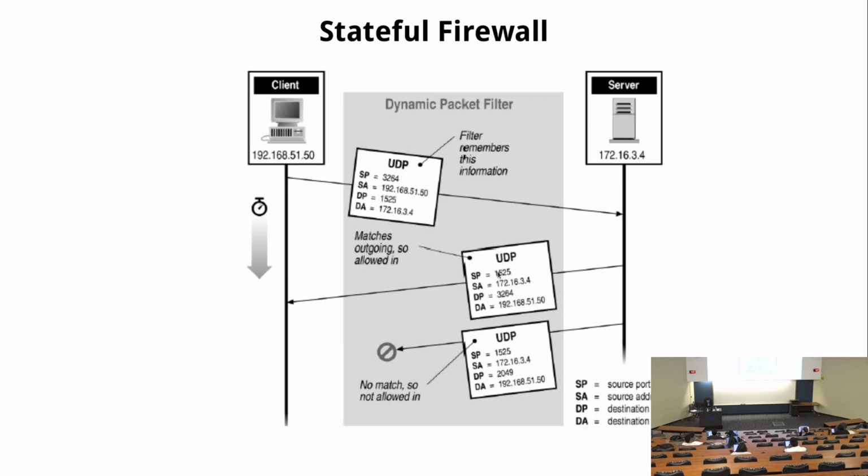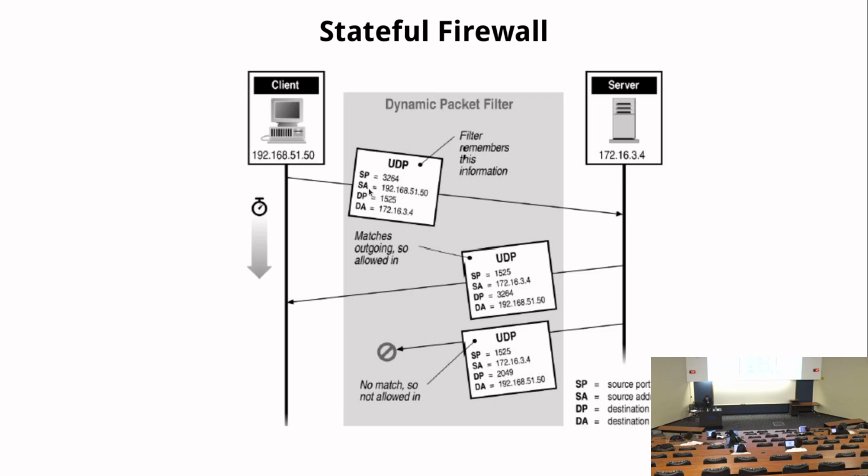However, if we look at the third packet, in this case, the server tries to send a UDP packet to the same IP address, however, to a new port number. So here we can say the port number is 2049.